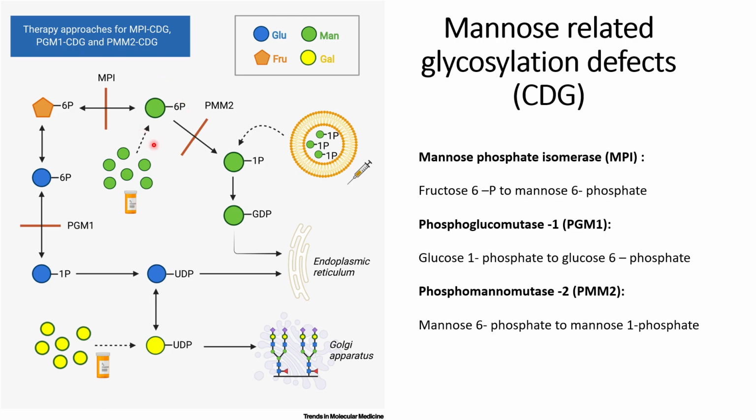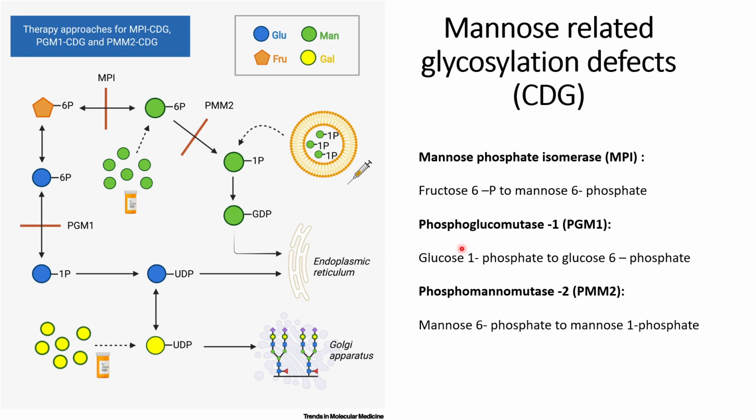This barrier can be overcome by directly supplementing, providing this mannose 6 phosphate to the patients. This idea is similar to the ideas that we have discussed in the previous video.